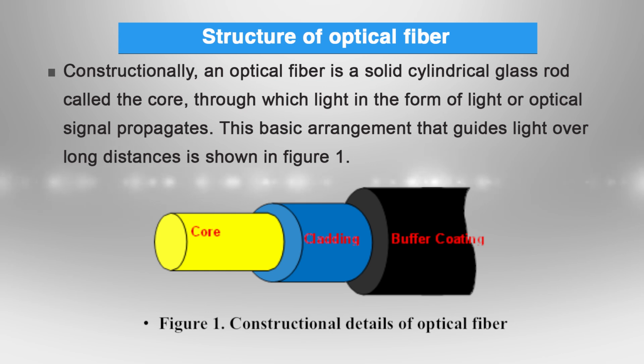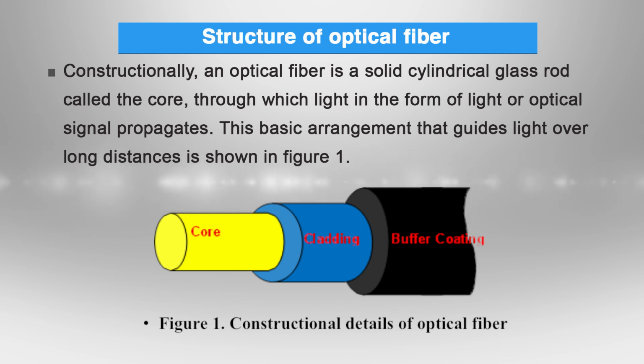The diameter of the cladding is of the order of 125 micrometers and the diameter of the core is even smaller than that. Thus, it is a very fine and brittle glass rod.